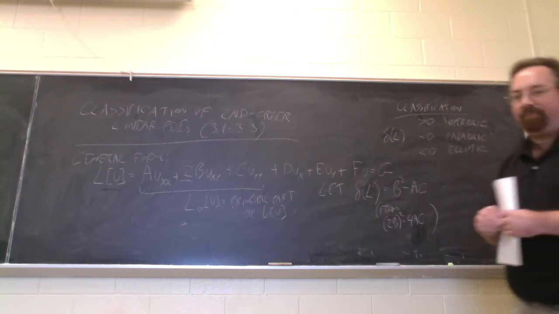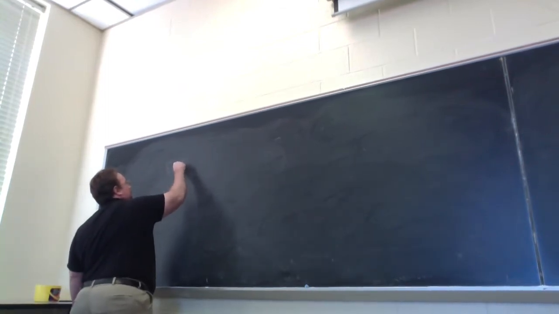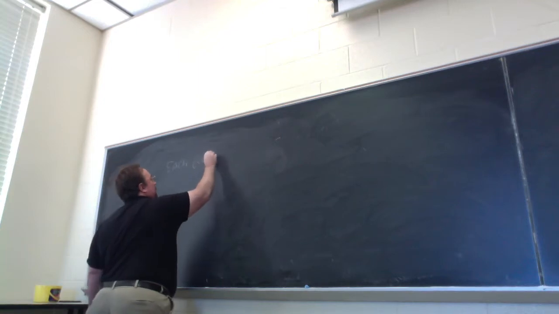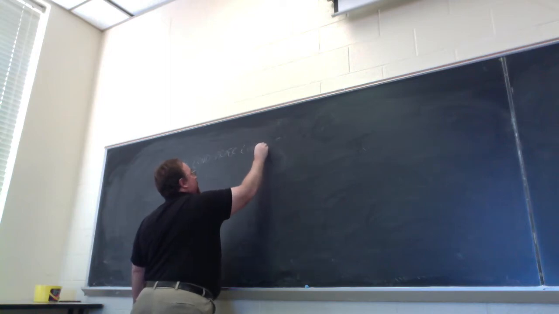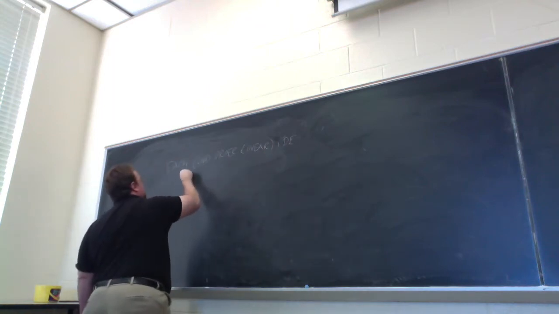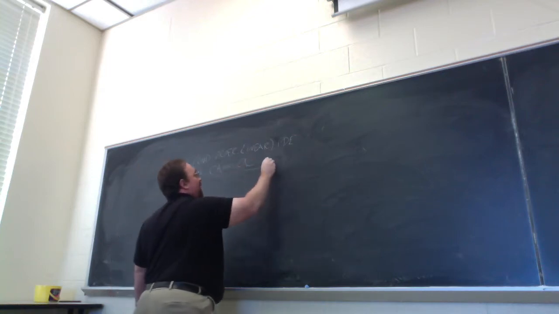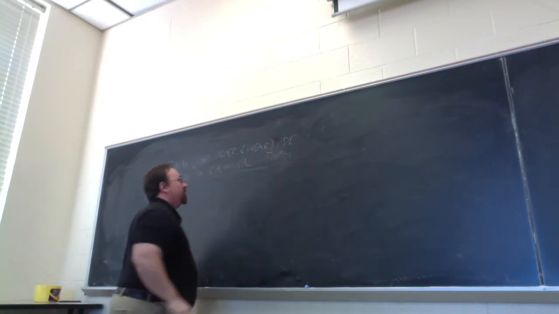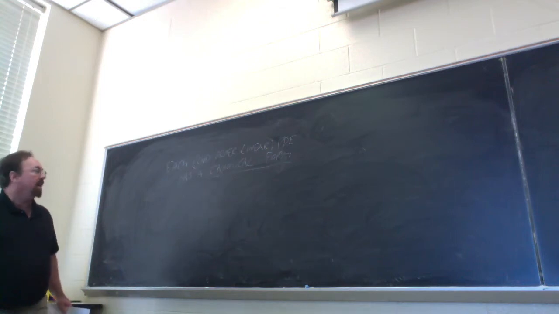So the idea is, again, I'm restricting this discussion to second order linear PDEs. As a canonical form. In other words, a drastically simpler form of a PDE, one that we can actually try to solve.